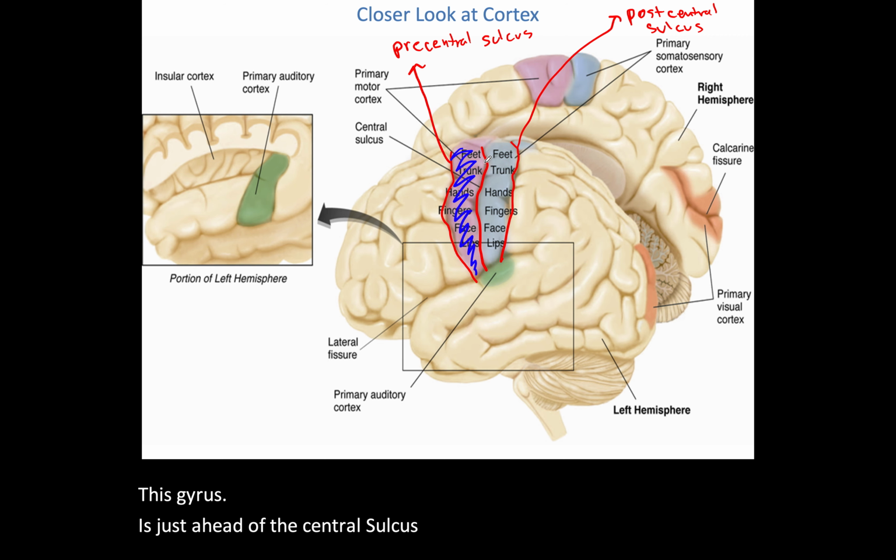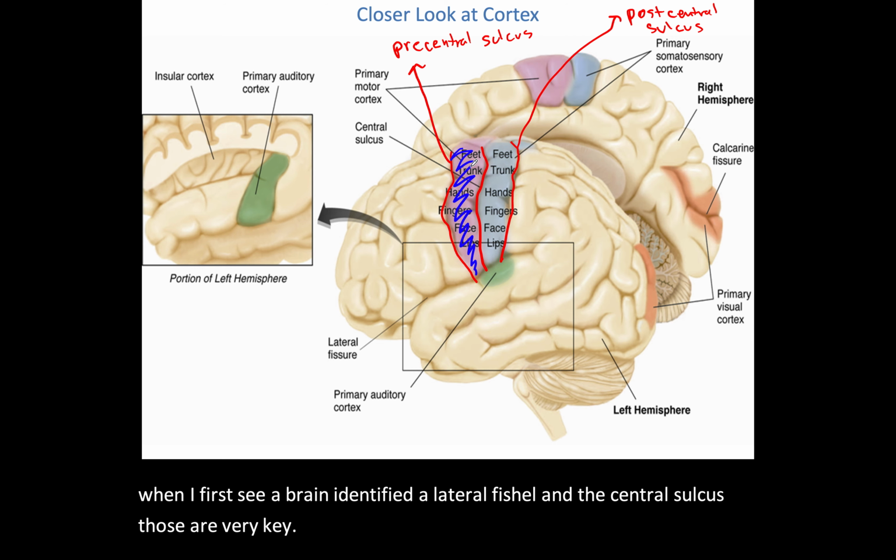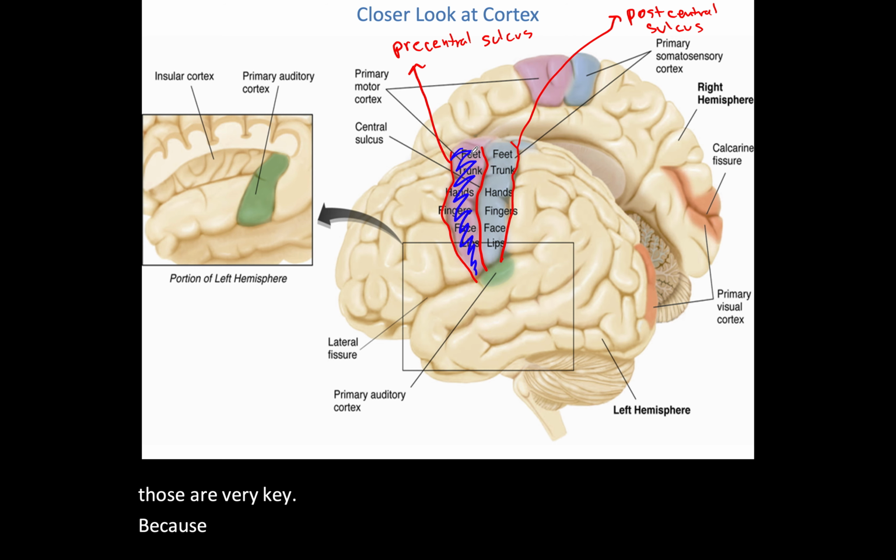Remember when I told you when I first see a brain, I identify the lateral fissure and the central sulcus. Those are very key because the name of this gyrus is the pre-central gyrus.